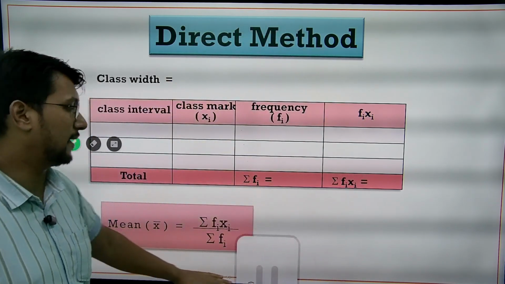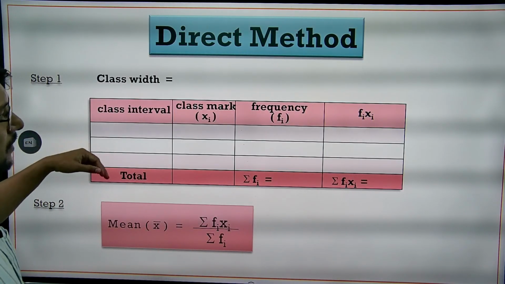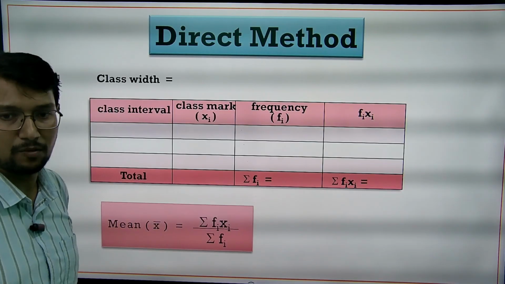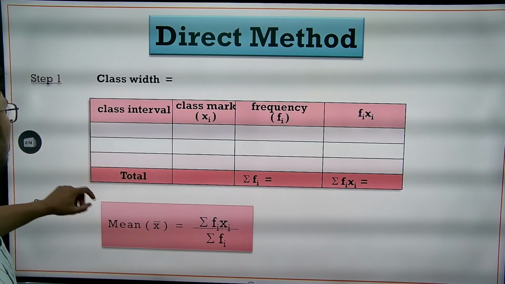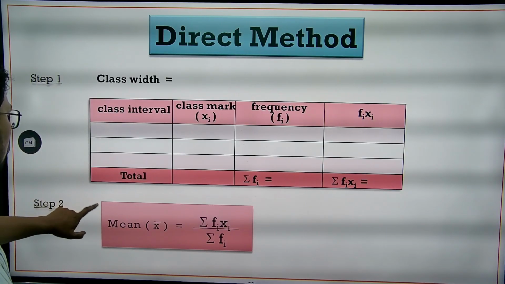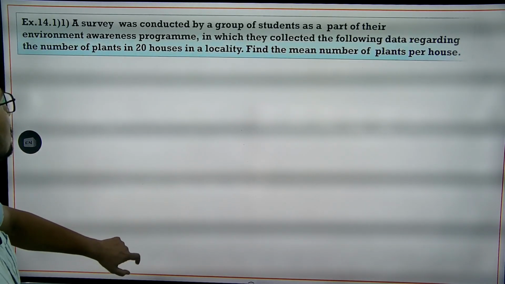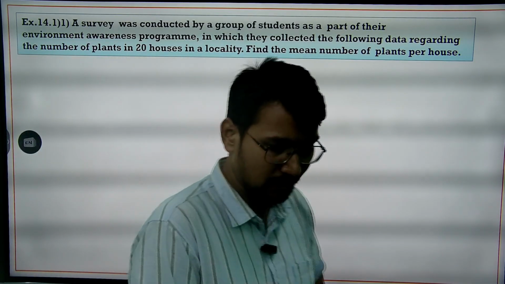Let us move to a question where you will see more clearly what is happening here. You have to see how to find it in 2 steps. See now, a question is given here.